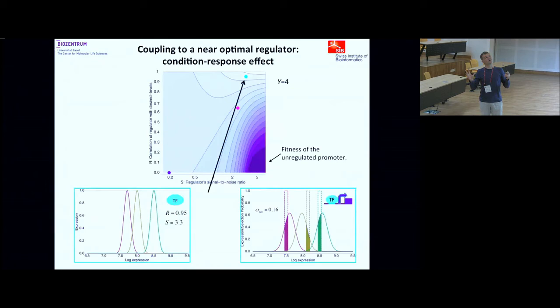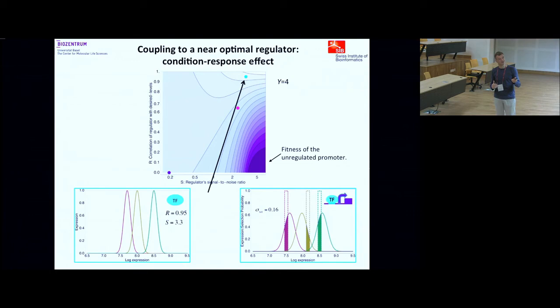Here's one scenario. The best situation you can have is if you find a regulator that has very high correlation, like 0.95, with the desired levels across environments, and relatively high accuracy, so high signal to noise. Here is a cartoon example of such a situation.